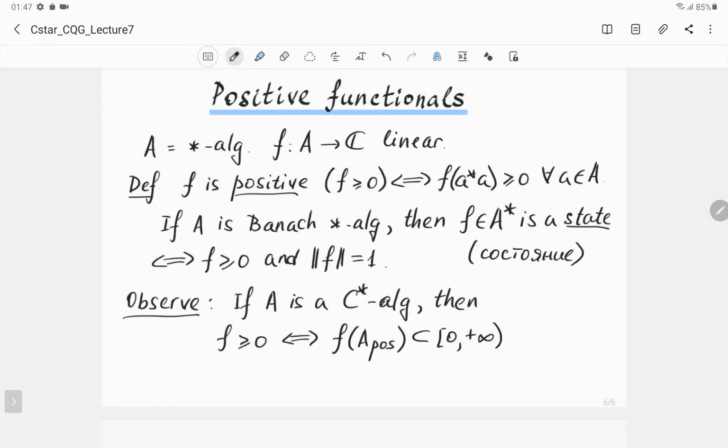This is immediate from our earlier characterization of positive elements. Let's recall that an element of a C-star algebra is positive if and only if it can be written in the form A star A for some element A of the same algebra.